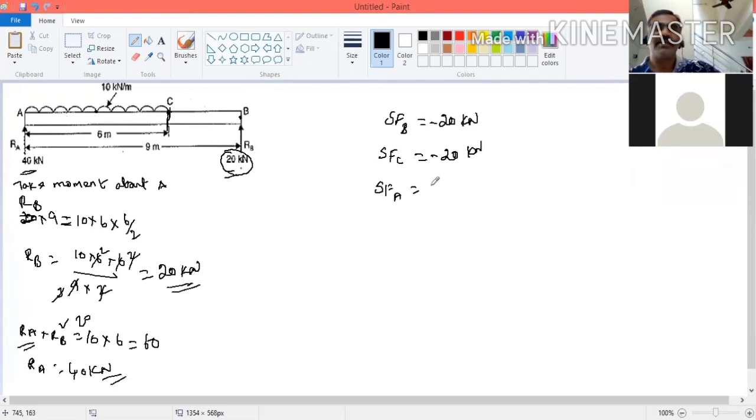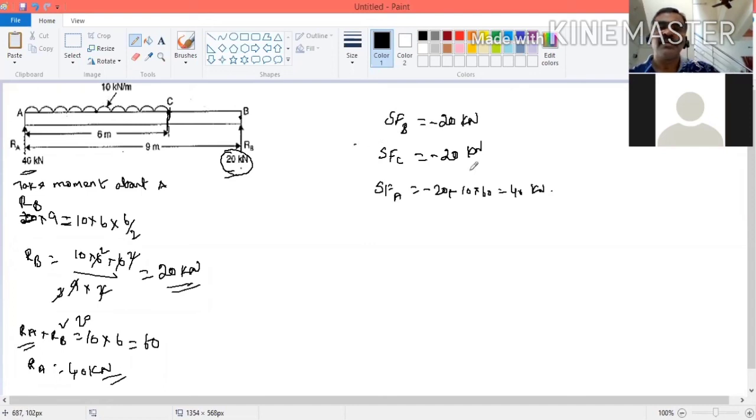RB is 20, so this is minus 20, as it is acting in the upward direction. Then this force is acting in the downward direction, so this is plus. How much is it? 10 into 6, that is equal to 40 kilonewton. So here it is minus 20, then it is going to 40. Then it will come to 0.